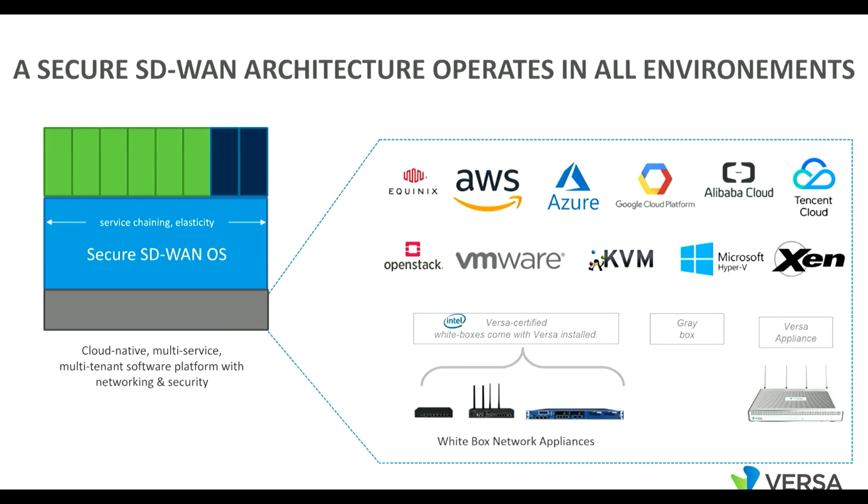But really, what I've heard you describe is the secure SD-WAN architecture is one where all citizens are equal. The routing is as important as the SD-WAN, which is as important as the security capabilities, next-gen firewall.